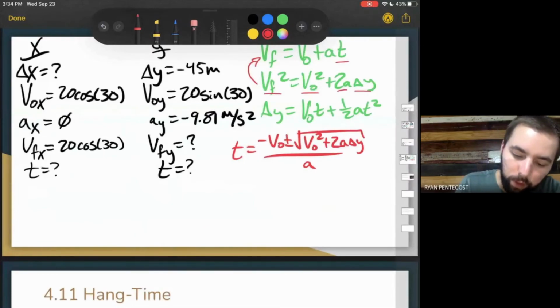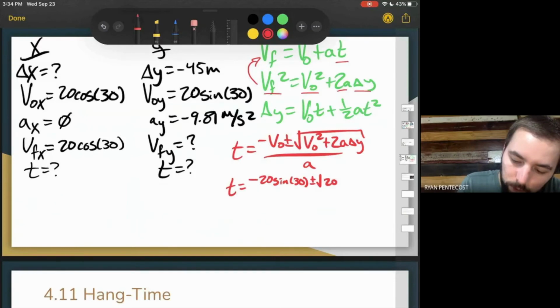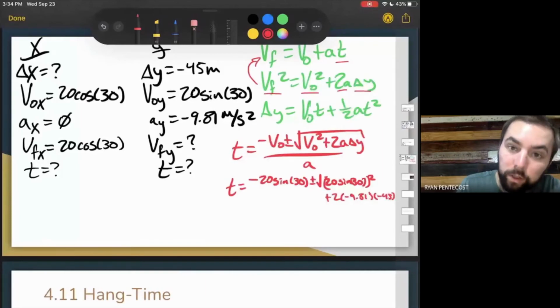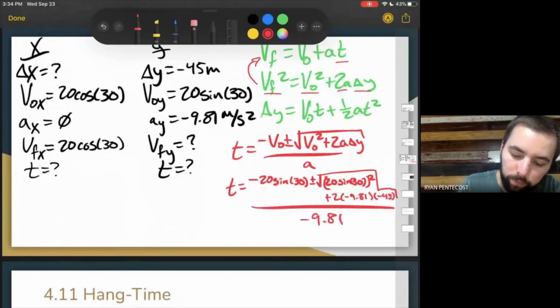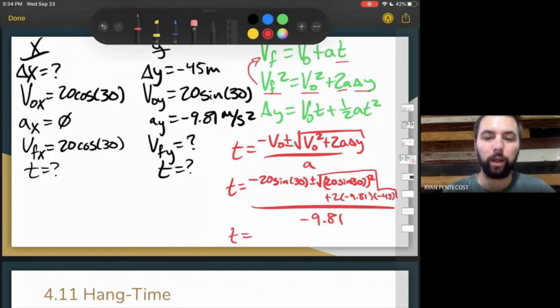Okay, so that is negative 20 sine 30 plus or minus square root of 20 sine 30 quantity squared plus 2 times negative 9.81 times negative 45. It's a messy square root. Sorry, I should have used the rest of my room. All divided by a negative 9.81. So let's see what we get when we plug that into the handy dandy calculator.